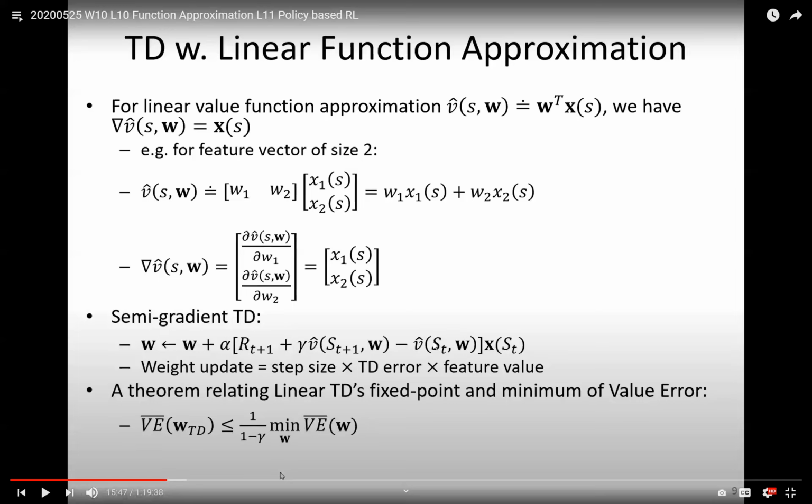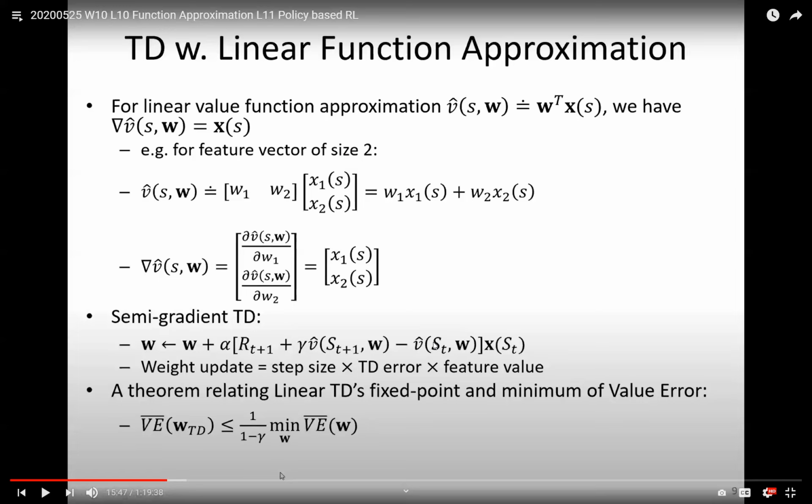So maybe you're asking, if you use a deep neural network, do we still need semi-gradient TD? No, I mean, we already applied semi-gradient descent, and then the next step is the linear function approximation, or is this avoiding the need for semi-gradient descent?